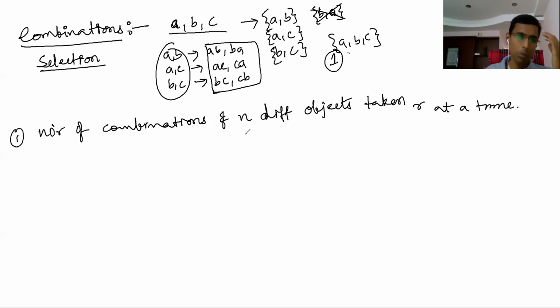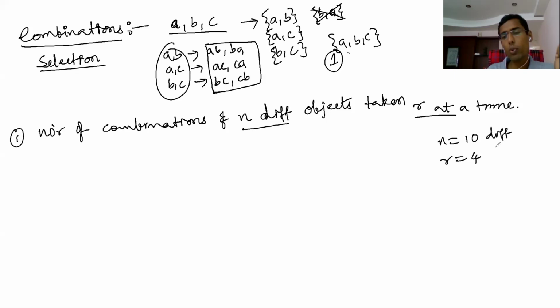That means n different objects are there and you need to select r objects. For example, n equal to 10 and r equal to 4. 10 different objects are given, you have to select 4. How many ways can you select? That's the question.